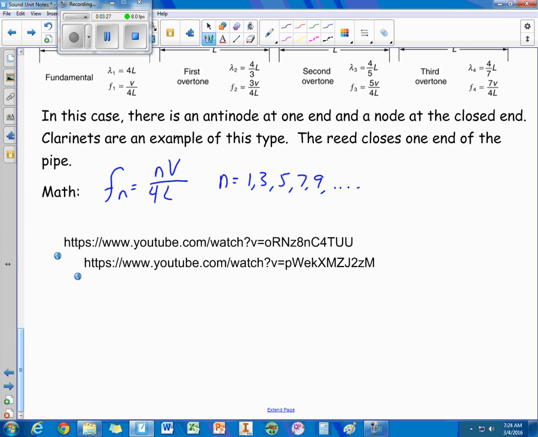So this time you have to be a little careful. If I were to ask you for the third harmonic, it would be 5 times the fundamental. So you have to be really, really careful when answering problems about pipes that are open at one end, closed at the other.